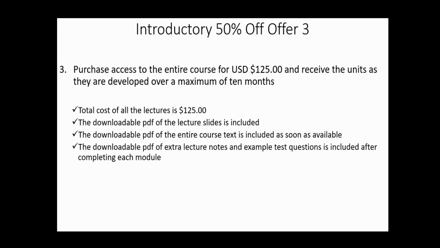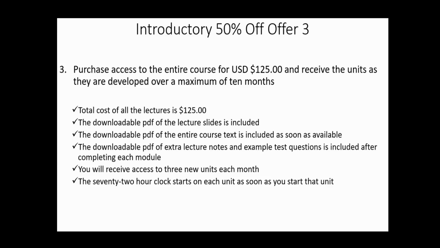So no extra charge for those. And you will receive access to 3 new units each month. The 72-hour clock starts as soon as you start each unit, and you're given 30 days to complete each unit block of lectures.